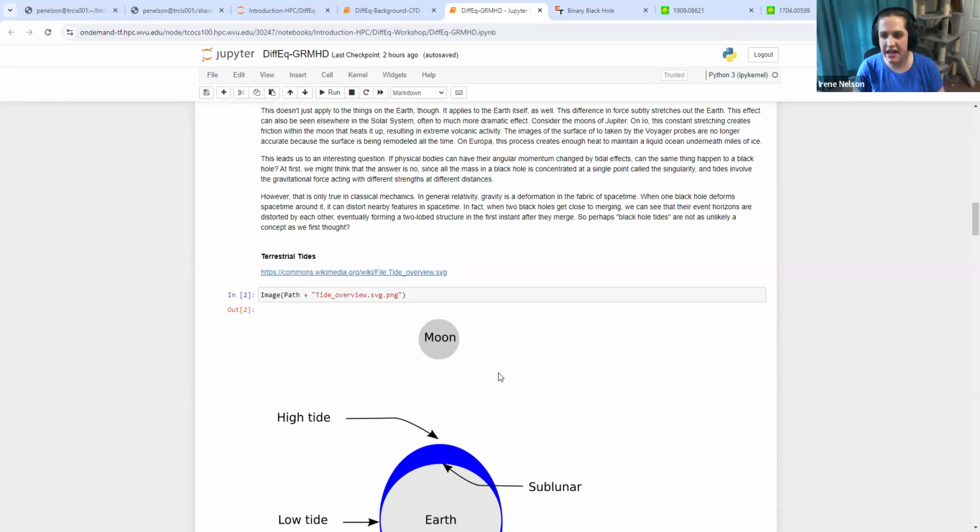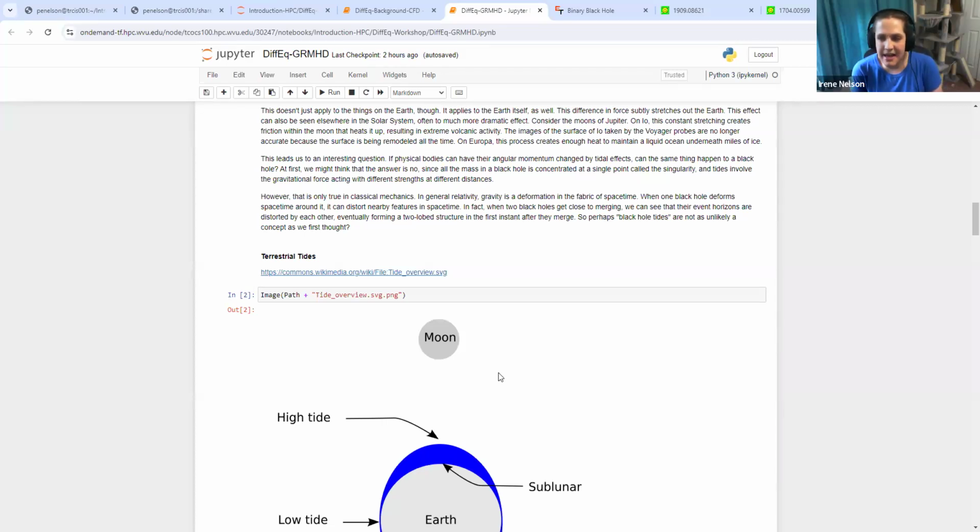Images of the surface of Io that were taken by the Voyager probes are not accurate anymore because the volcanic activity is so intense that the surface is being remodeled all the time. And on Europa, there's enough heat to maintain an entire liquid ocean underneath miles of ice.